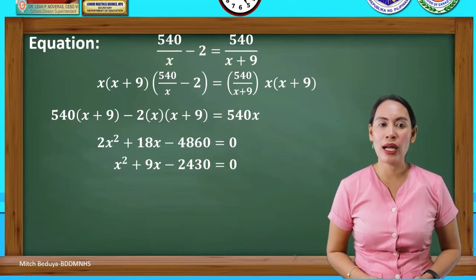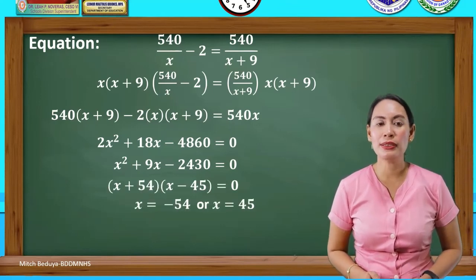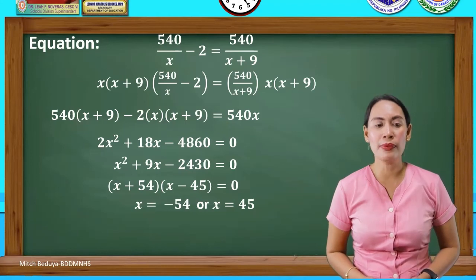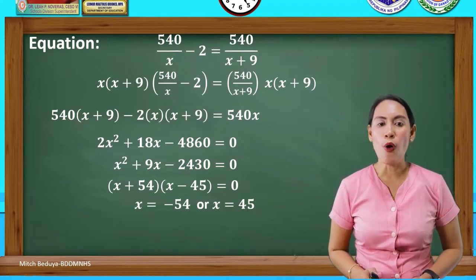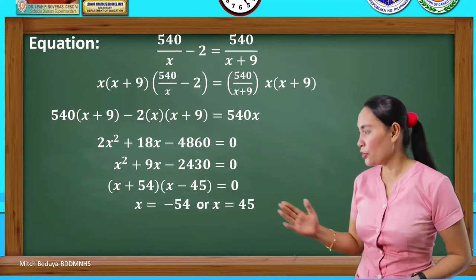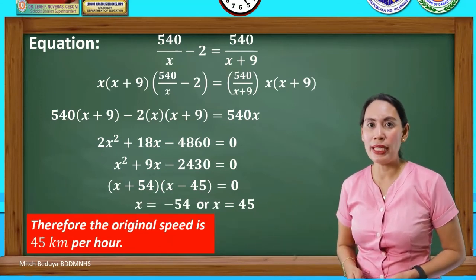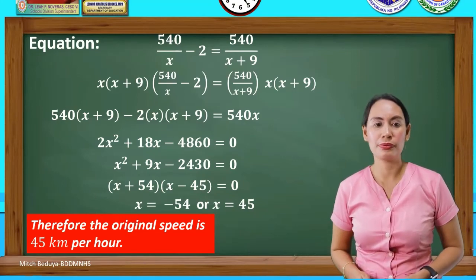So the equation is now the quantity x plus 54 times the quantity x minus 45 equals 0. Let us solve. x equals negative 54 or x equals 45. Therefore, the original speed of the motorist is 45 kilometers per hour.